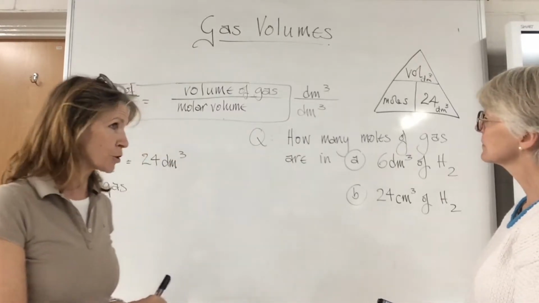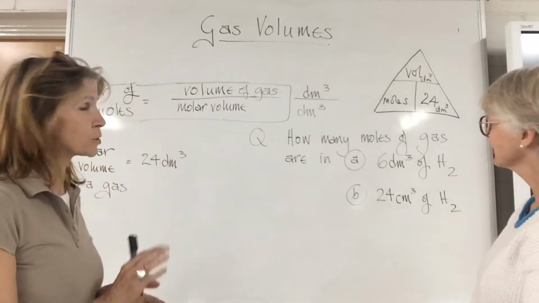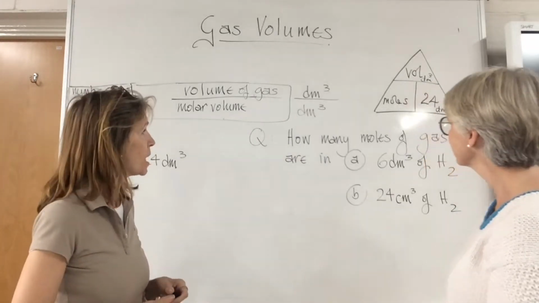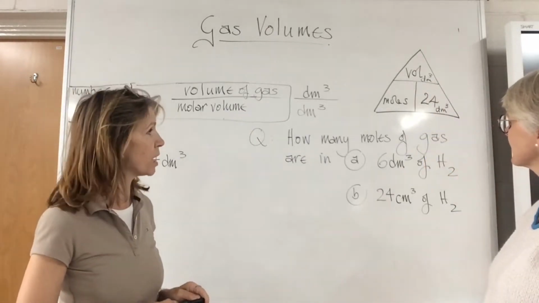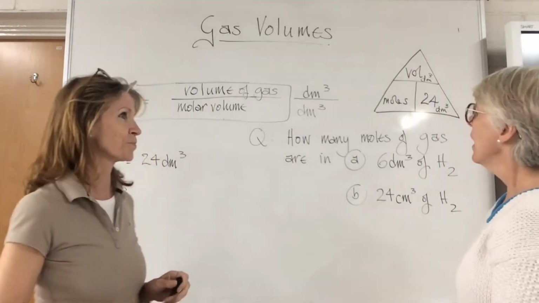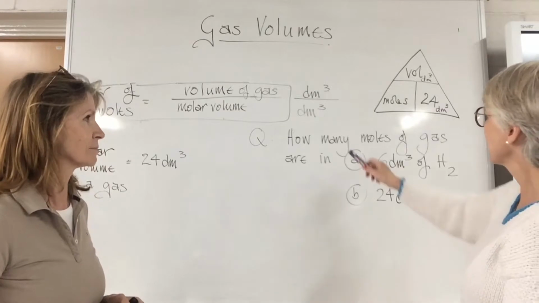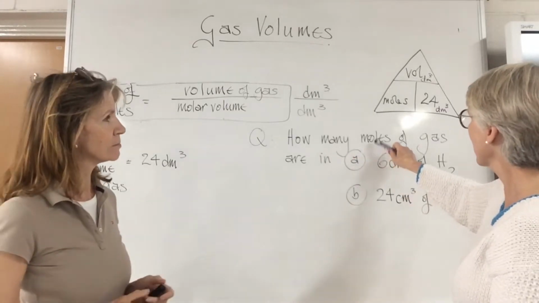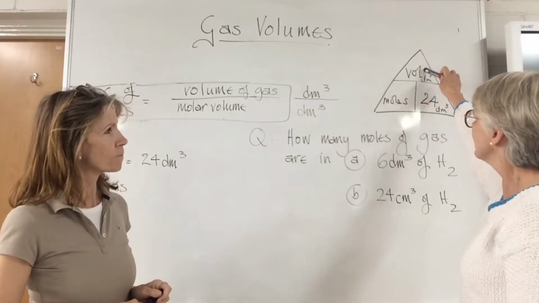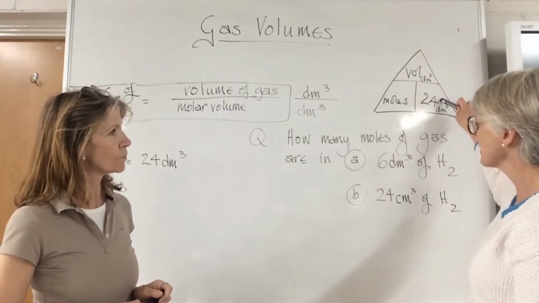I'm going to give you 2 questions to do, Dr. Bourne. These are typical questions that you would get at GCSE level. The first one is, how many moles of gas are in 6 dm cubed of hydrogen gas? What am I being asked? I'm being asked for the moles of gas, so if I cover that one up, I need the volume divided by 24.